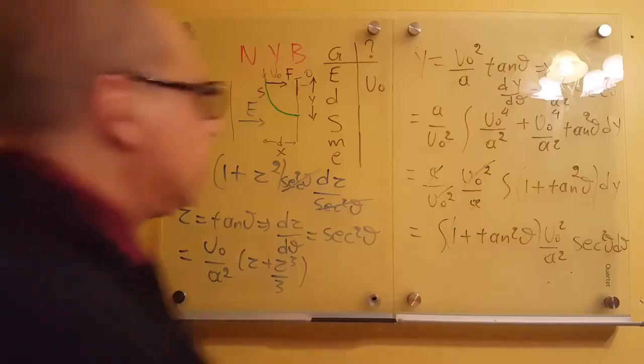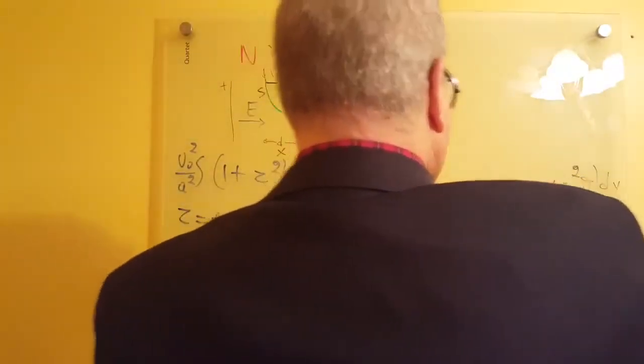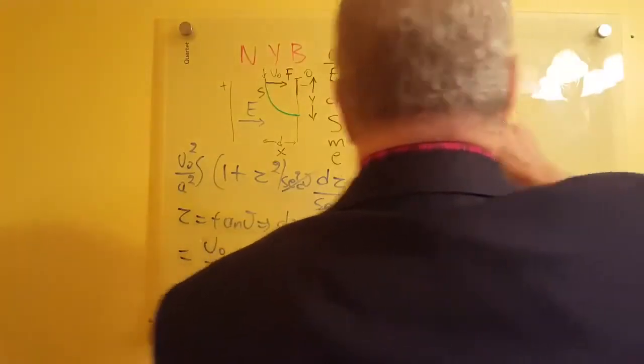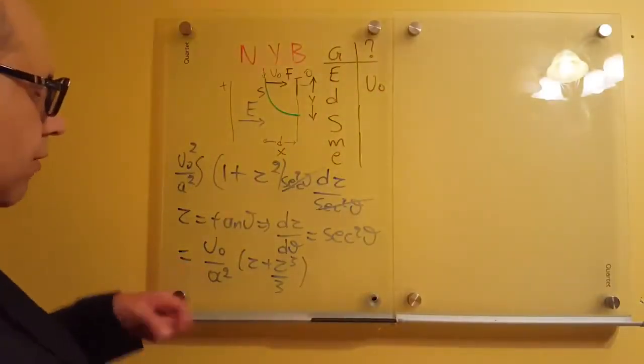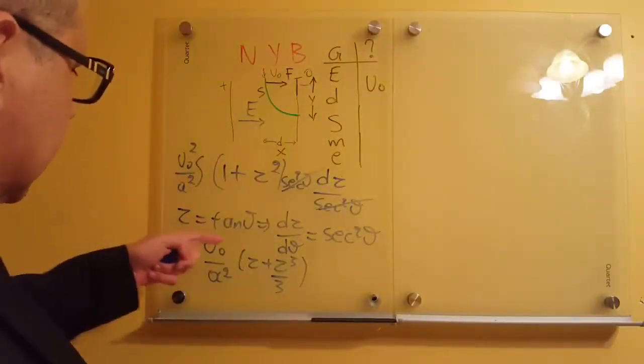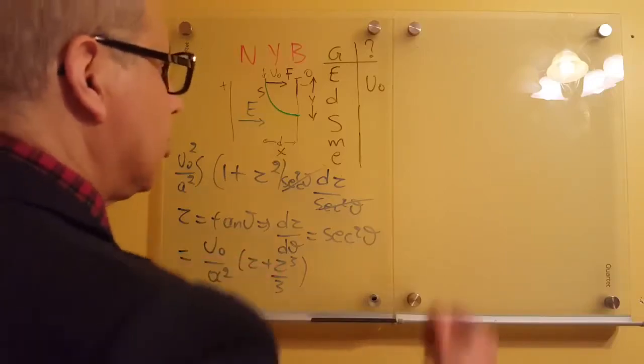Now, we said that z was equal to tan theta, so let's substitute z equal to tan theta.